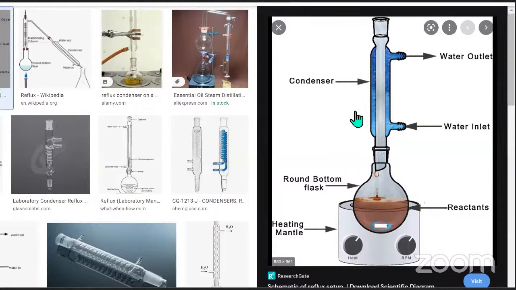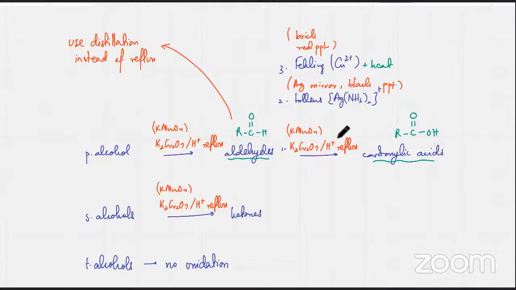The condenser is just there so that nothing is able to come out of the flask. So the reaction will go to completion if there is reflux, because nothing can escape. So whenever it's reflux, the primary alcohol will eventually turn into a carboxylic acid. It will not stop here because nothing can escape the container, and the reaction will go to completion.